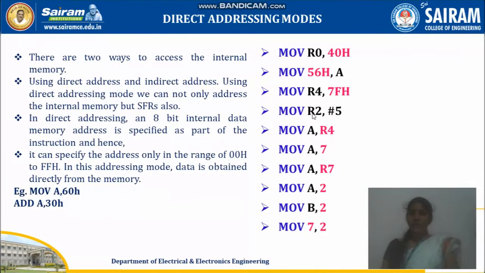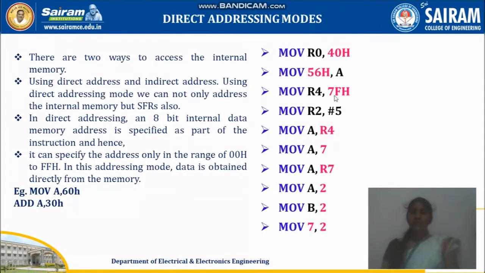After executing MOV R2, #5 and then MOV A, 2, the content of the accumulator will be 5, because R2 was already loaded with the data 5. Next, MOV A, R4. So what is the data?